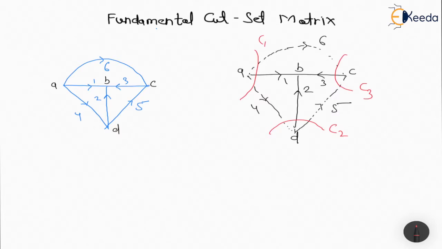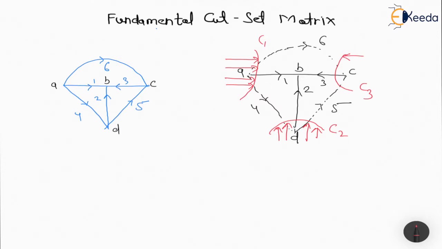The orientation of the cut set depends on the direction of the twig. Like for C1, the orientation will be like this because the direction of the twig is outward. So in the same direction as the twig, we will write the direction of the cut set voltage. In case of 2, it is outward, so it will be written like this.